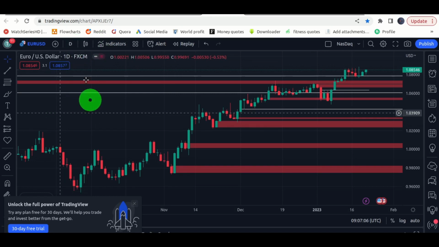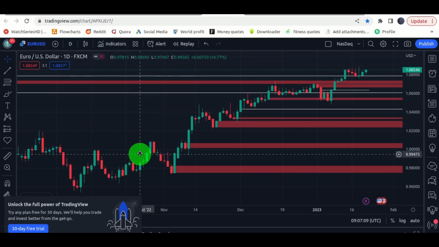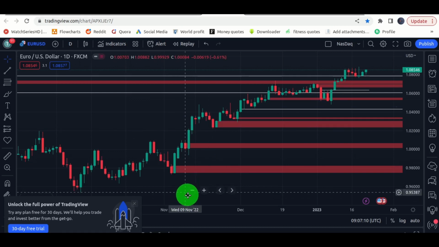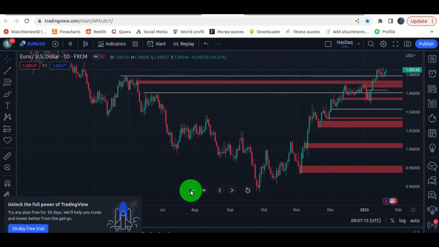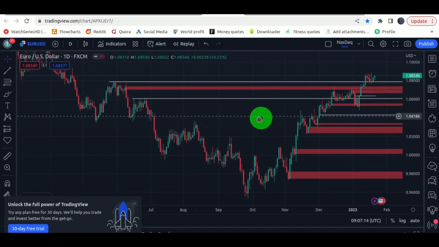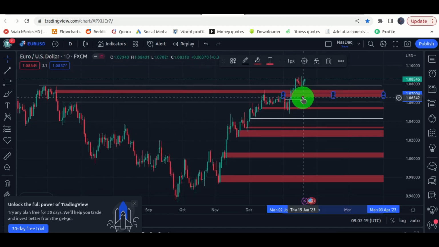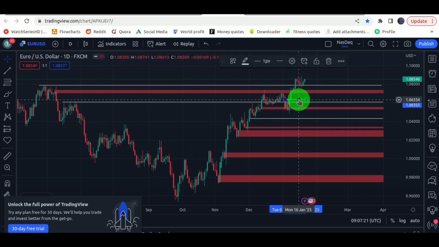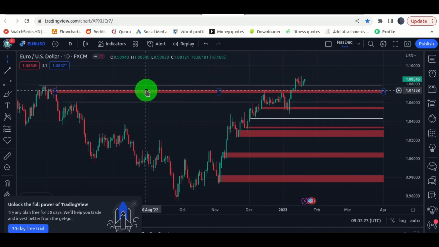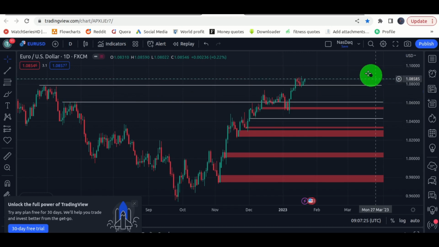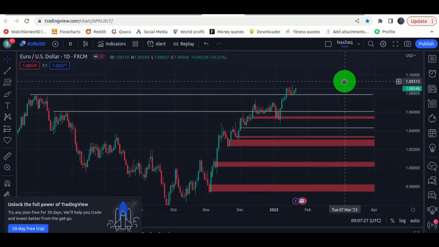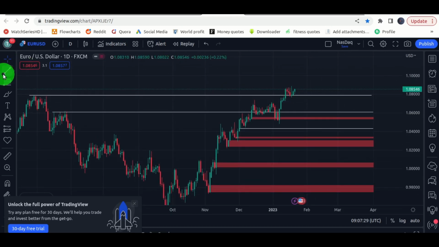Euro USD, what do we have on Euro USD? This one looks like it broke. Just gonna remove some of the areas here since I don't need them. Even this order block must go. So this one, I don't know.